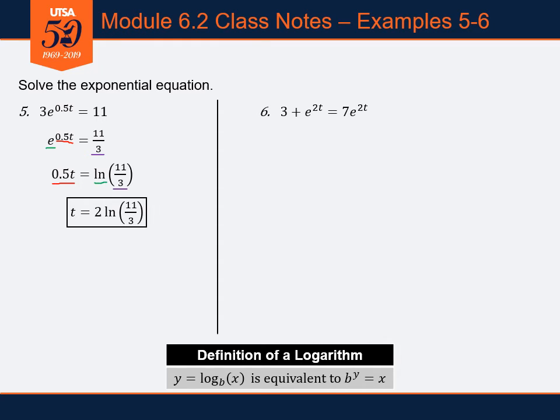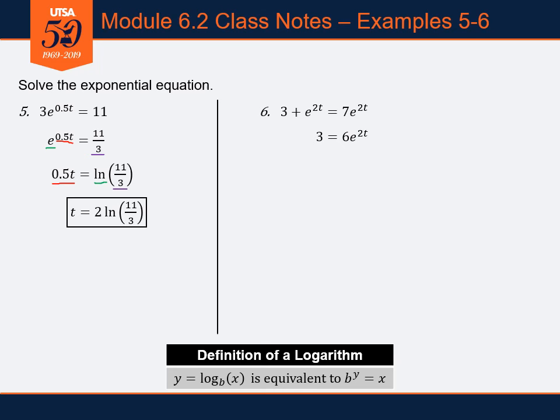In question number 6, we have a similar situation here, although we do have those e to the 2t terms on both sides of the equation. Still, let's just start getting the t by itself. Let's combine those two e to the 2t terms by subtracting e to the 2t on both sides.